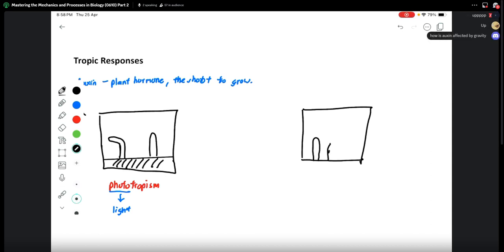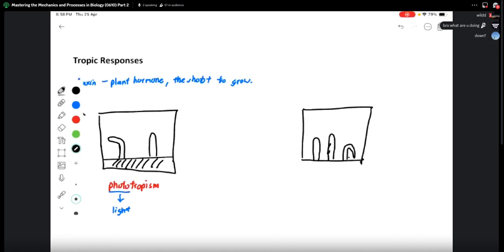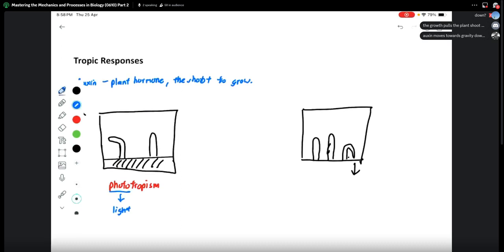It can either go up or somehow it may go down, but usually this is rare. It goes down because it's going towards gravity. But of course, the most correct answer is this one.